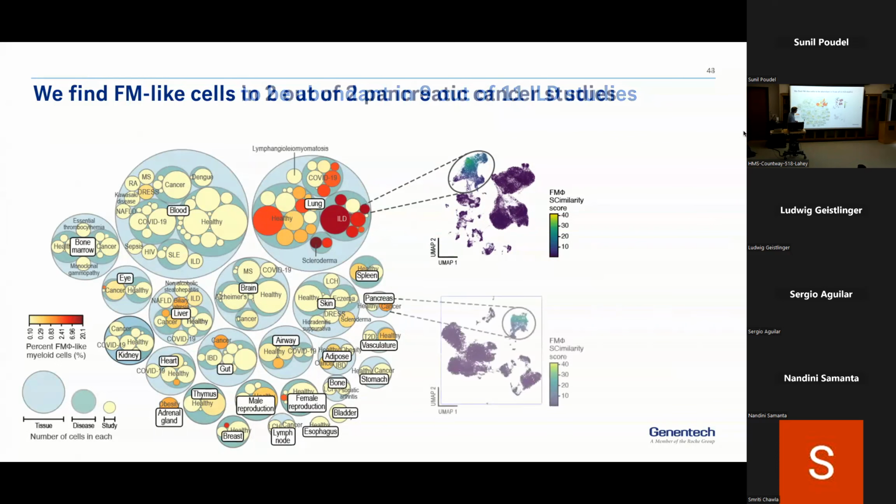We can also find them in places we didn't expect. So pancreatic cancer, we have 2 pancreatic cancer studies in this collection, and both of them have fibrotic macrophage-like cells. Maybe not entirely surprising, given that this is a highly fibrotic cancer, but it's cool because we didn't start out looking there, and this result essentially comes in 2 seconds now.